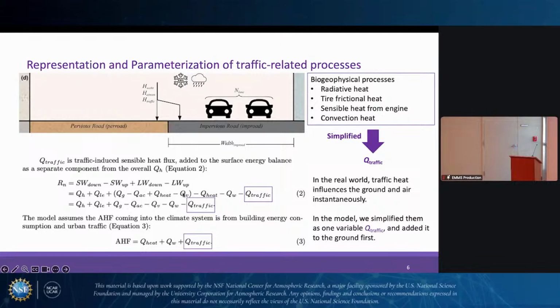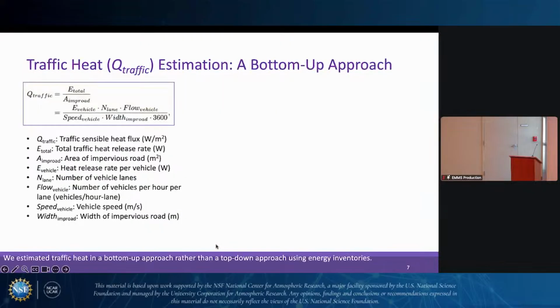So the building surface balance equation has a new variable here. Then the anthropogenic heat flux is calculated as the sum of building space heating flux, the waste heat flux, and the traffic-related heat flux.